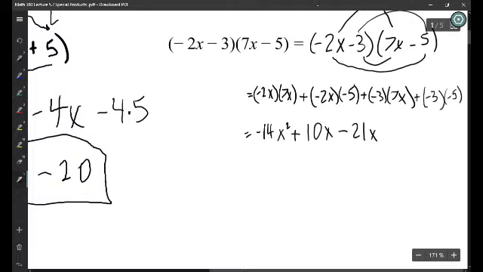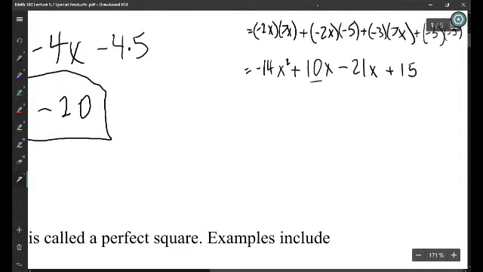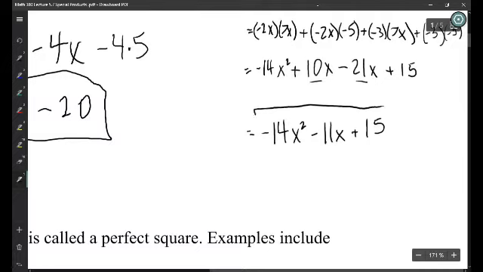So plus 15. And we combine like terms and get negative 14x squared minus 11x plus 15. And that's our answer.